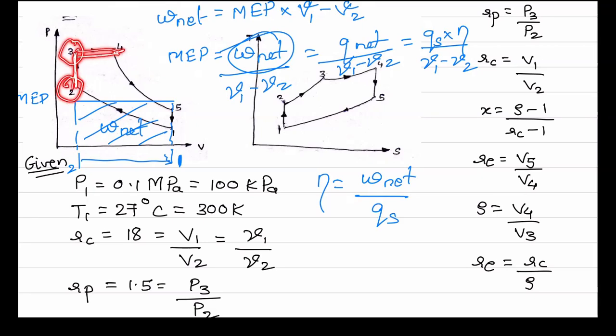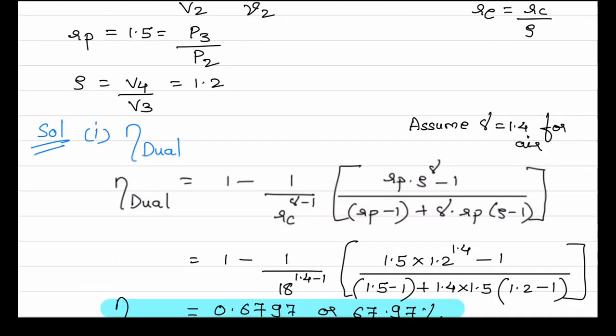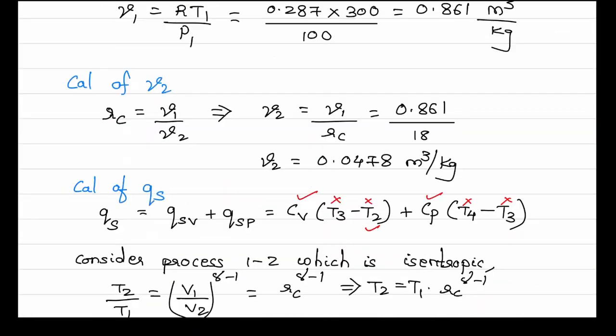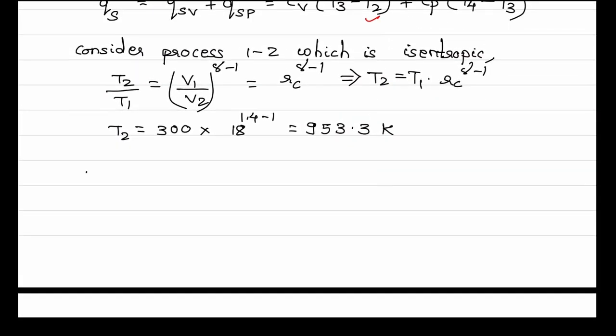So I'll write down, consider process 2 to 3, which is constant volume heat addition.